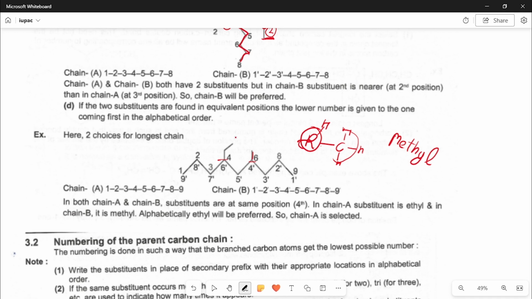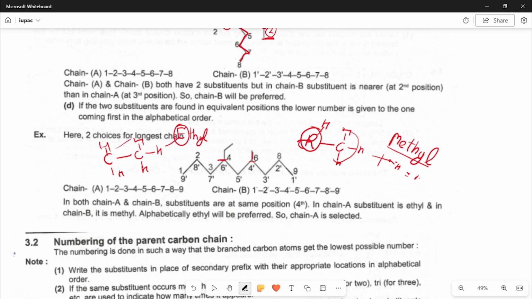It only has three, and three means methyl. Remember, when one H is subtracted, it becomes methyl. It comes in the group of alkyl groups, and from here it's C C H H. It's ethyl.